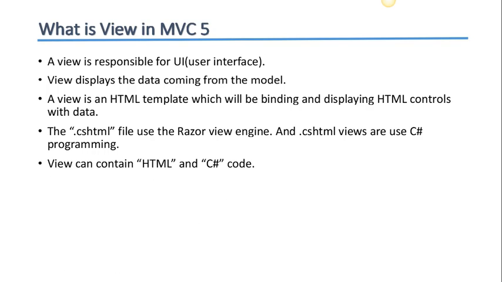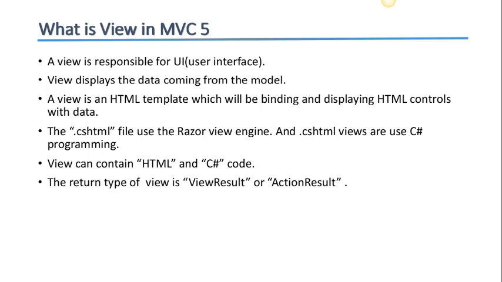So the view can contain HTML and C# code. We can write the HTML code inside the view, and also we can write the C# code inside the view. How we can write the HTML and C# code, we will understand programmatically.